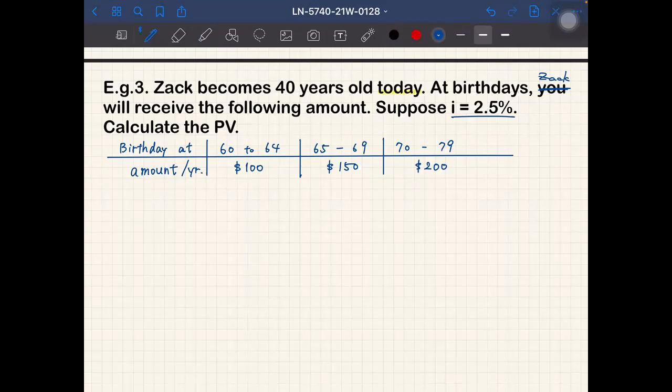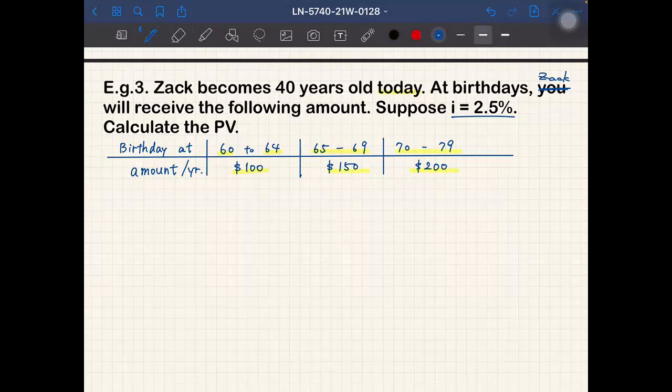For birthdays at 60 to 64, that is 60, 61, 62, 63, 64, he receives $100 each. For 65 to 69, he receives $150, and for 70 to 79 he will receive $200 each.